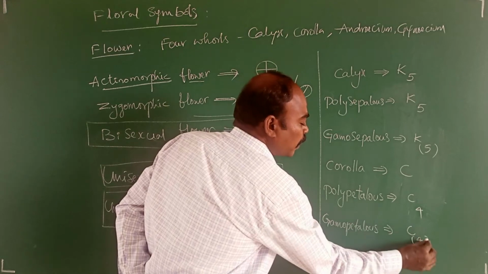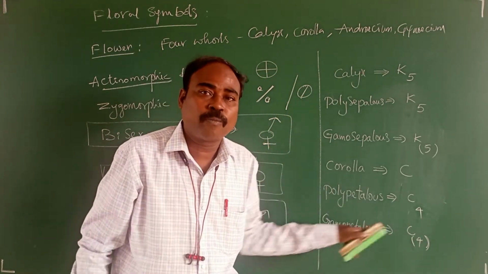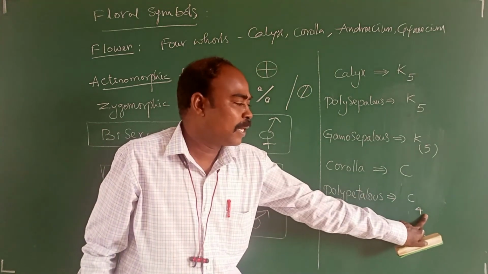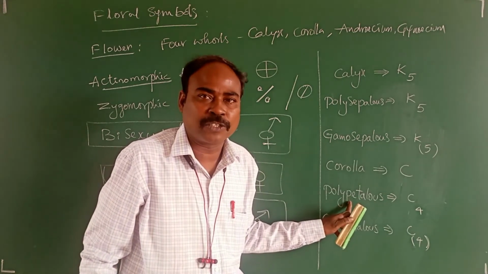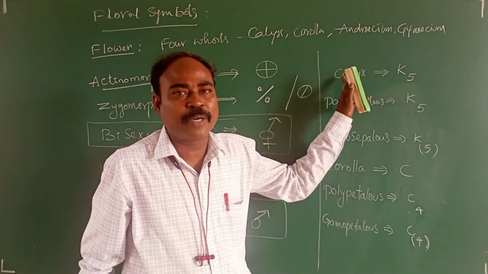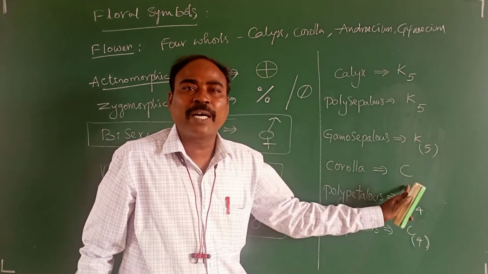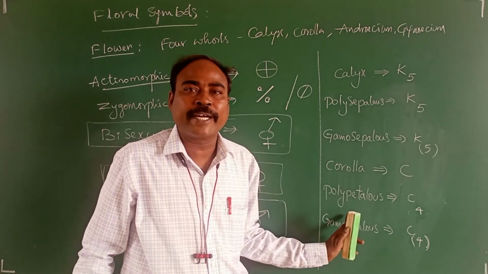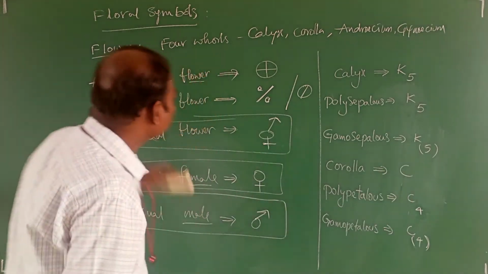So whenever fused petals are there, the number is put in brackets. That indicates the gamo condition, fused condition. The number without brackets, polysepalous or polypetalous, means free sepals or free petals. That is petals and sepals. Calyx K, corolla C, number, whatever it may be. Within the brackets, it indicates the gamo condition, fused condition. Without brackets, free condition, right?